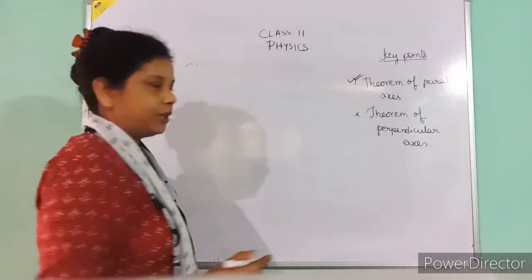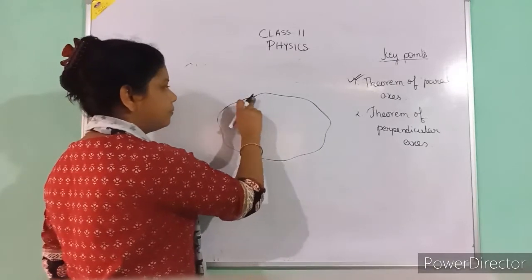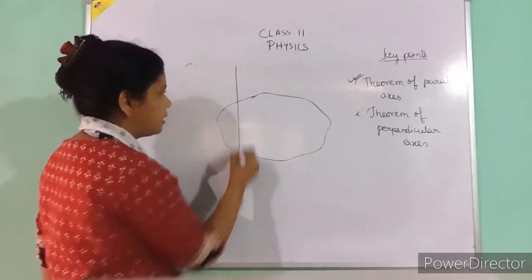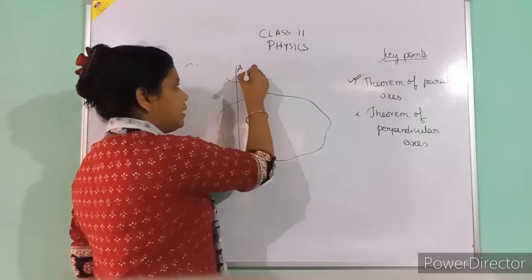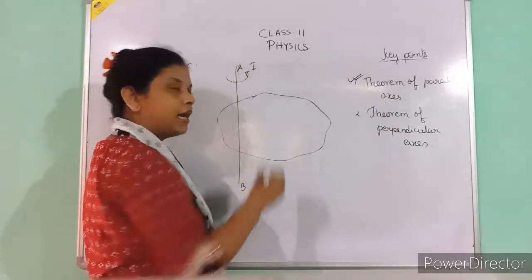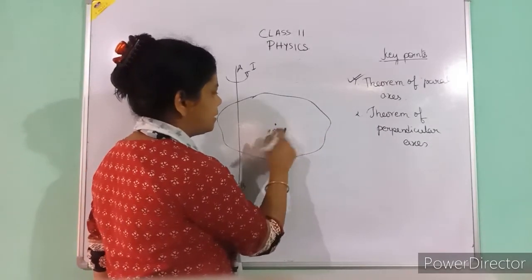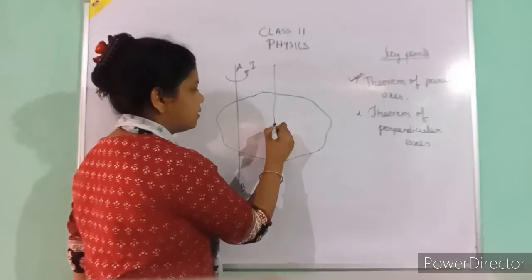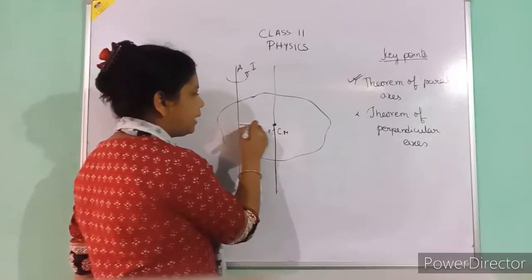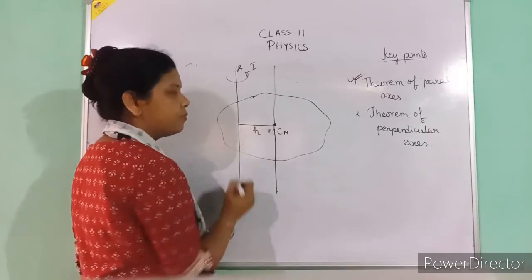Now how to prove it? Suppose I draw again, this is the body, this is an axis AB. I assume that the moment of inertia about this axis is I. This is the center of mass, I will write CM here, and this is the parallel axis passing through it. Let us assume this distance to be h.